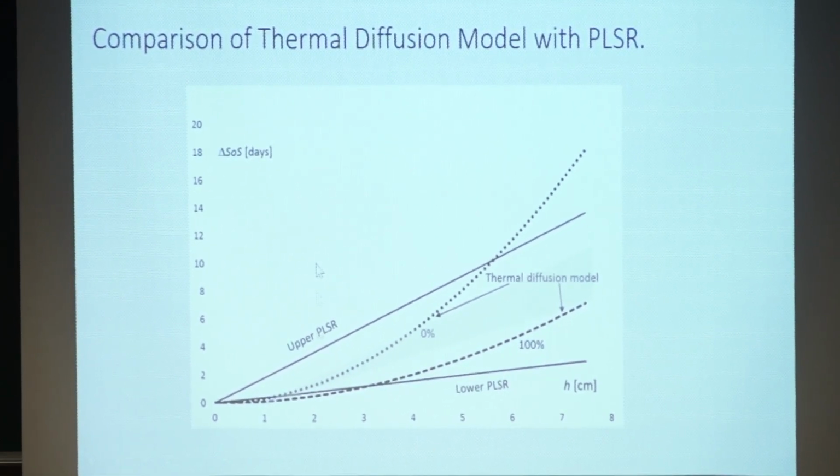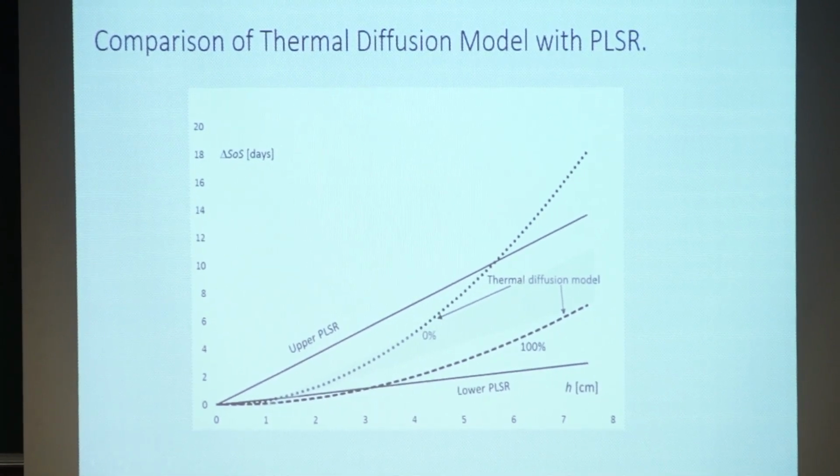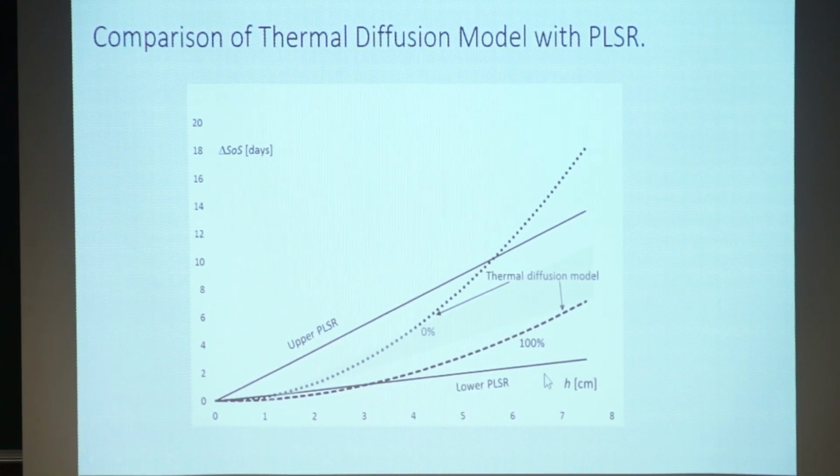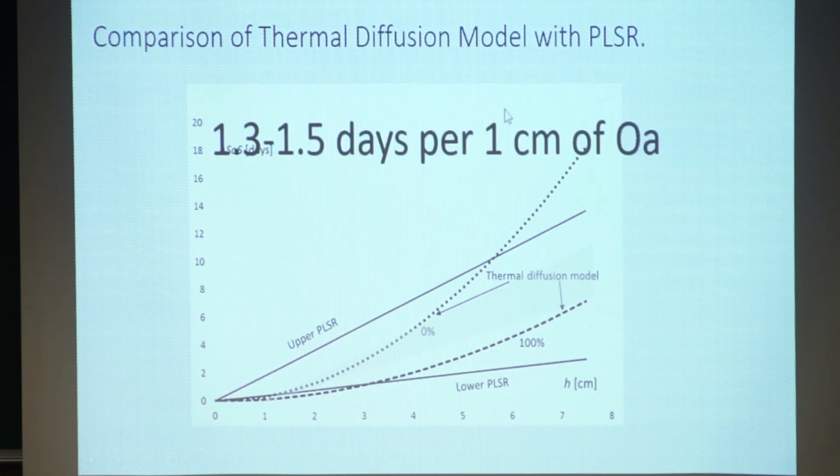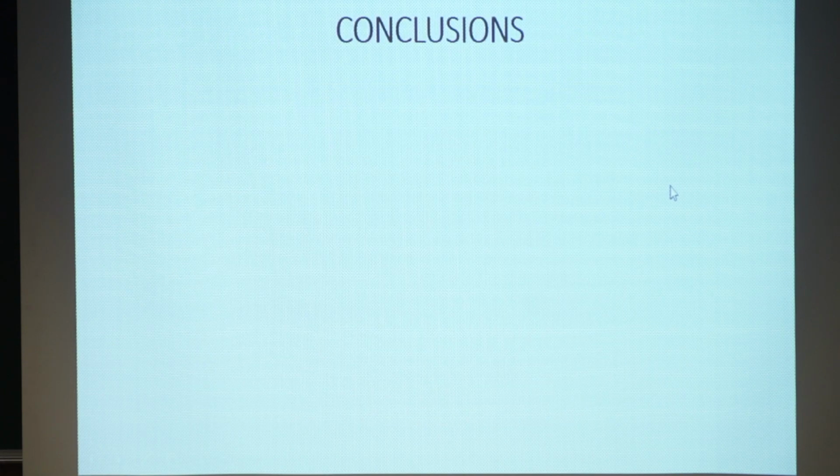On average, yes, and the straight lines were the 95th percentile for our multiple regression, partial least square regression model. So there is an overlap between these two models, which shows that on average 1 centimeter of forest floor delays the spring by about 1 to 1.5 days.